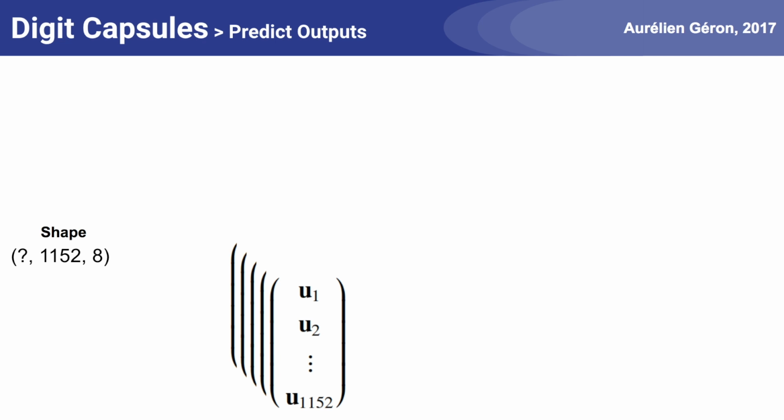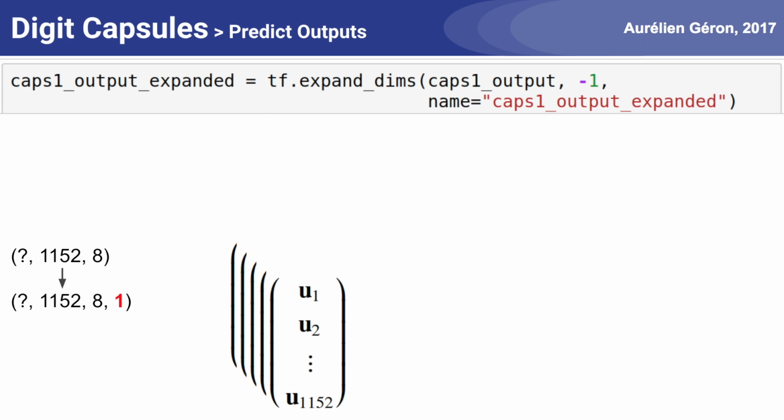Now recall that the output of the primary capsules was a 3-dimensional array. The first dimension is the batch size that we will know at runtime. Then there's one row per capsule, and each capsule has 8 dimensions. So we need to reshape this array a bit to get the shape that we are looking for to do the big matmul operation.